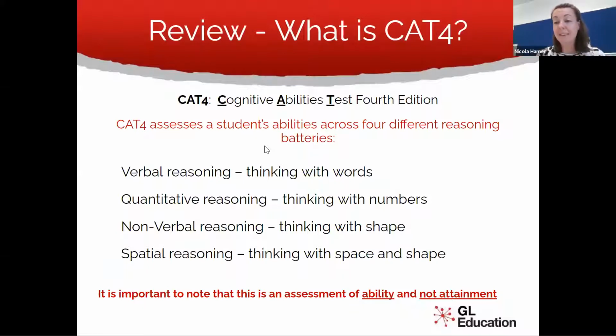Now, some students find that really easy. It's not a strength I have at all. I'm very much about the verbal reasoning. My dominance is very much with words. So for students that have a weaker non-verbal reasoning, it just means that they're not as good maybe with diagrams and shapes. I think about a game of Tetris. If any of you have ever played the old-fashioned Tetris, I'm rubbish because my brain doesn't work that way.